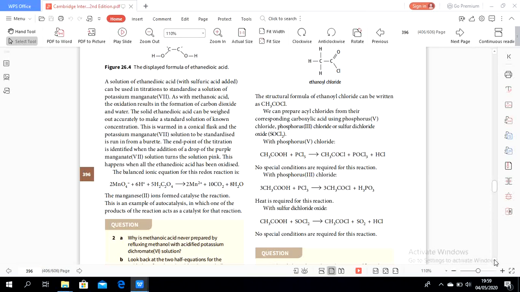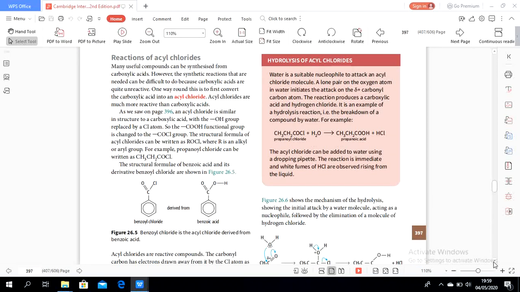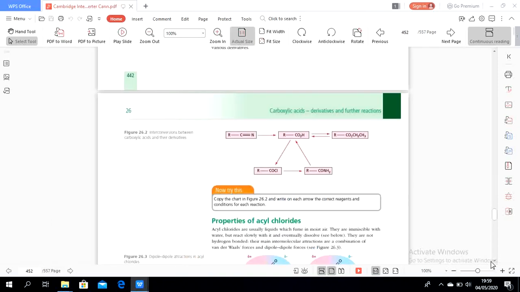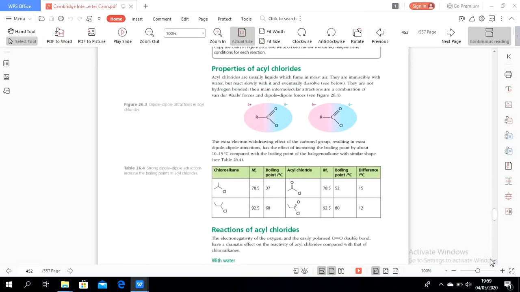Okay, now let's see the reactions of acyl chloride. Let's go back to our textbook. Properties of acyl chloride. Acyl chlorides are usually liquids which fume in moist air. So it means it is liquid at room temperature and pressure and fumes in moist air.